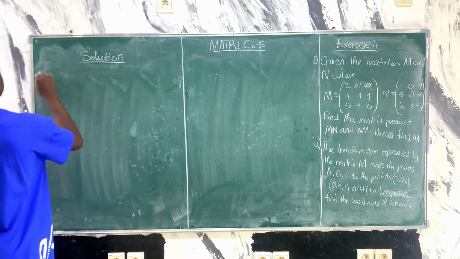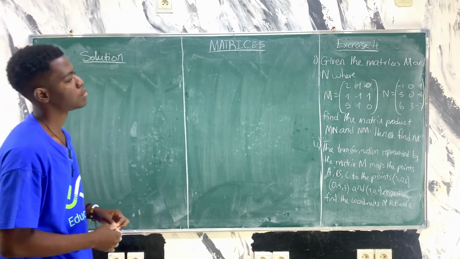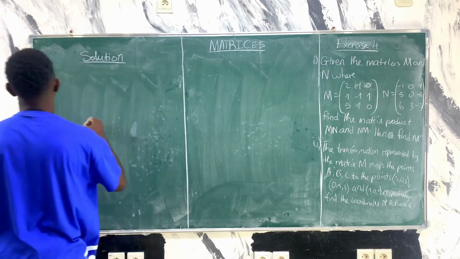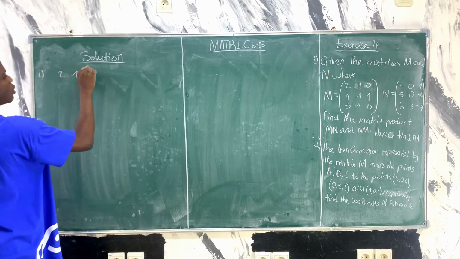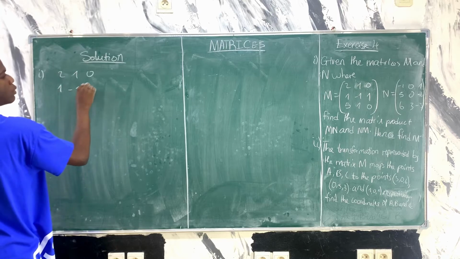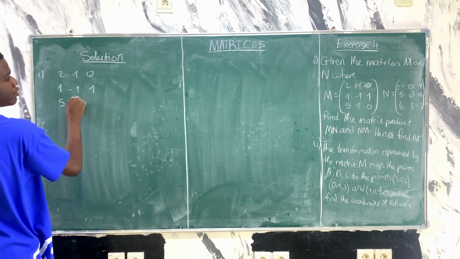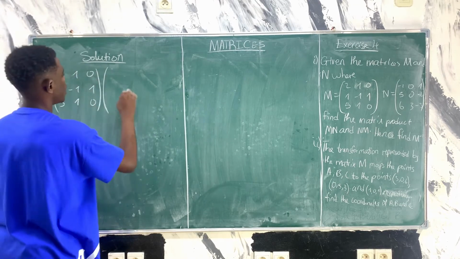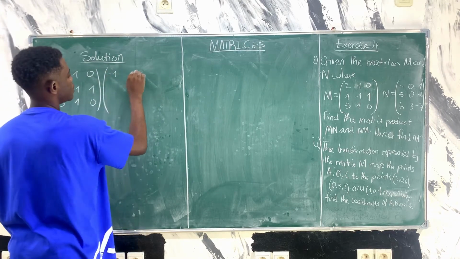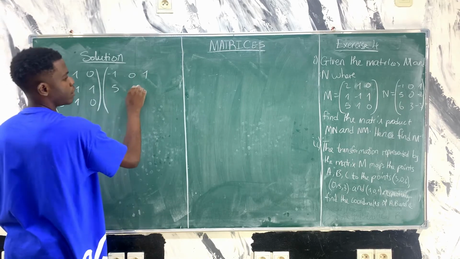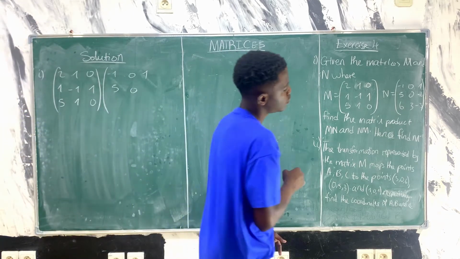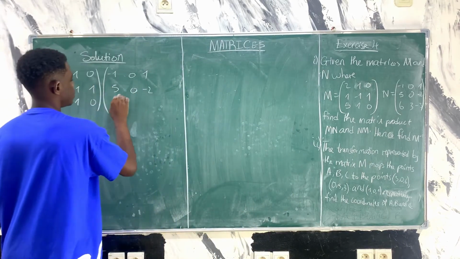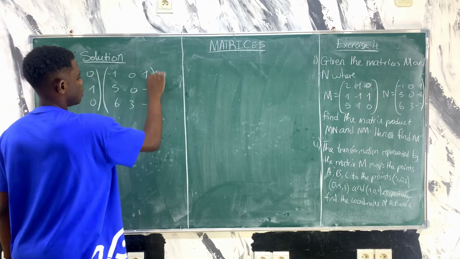Okay, so let's do Roman 1. Roman 1 says we should find the product MN. We have 2, 1, 0, 1, minus 1, 1, 5, 1, 0, all times minus 1, 0, 1, 5, 0, minus 2, 6, 3, minus 3.